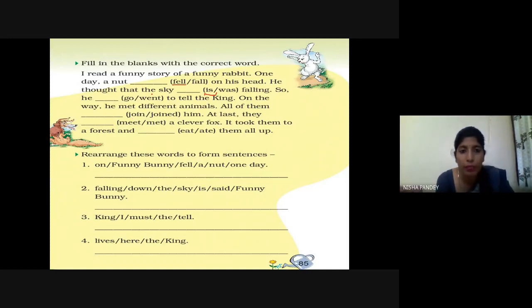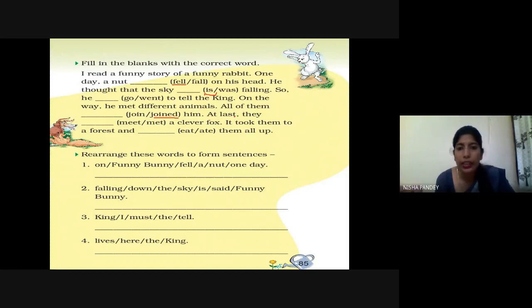And whatever is explained here, it already happened. हो चुका है उस कहानी में. तो everything is mostly in past form, right? कहीं कहीं जैसे आपको यहाँ is दिखा, तो उसको लगा ऐसा क्योंकि वो सोचने लगा कि वो गिर रहा है, right? Otherwise, everything happened here. So we'll use past tense only. तो आप यहाँ देख रहे हो, yes, you have given the correct answer. All the animals joined him. सारे उसके साथ चलने लगते हैं और बोलते हैं yes, we'll go with you and we'll also join you, right?